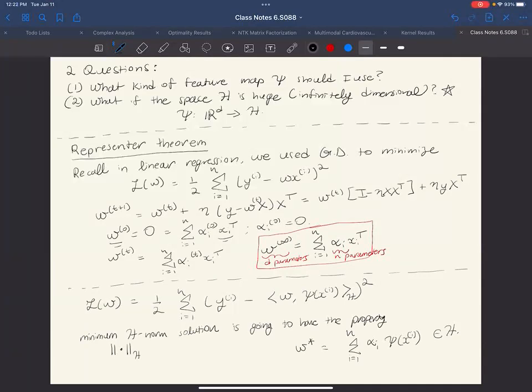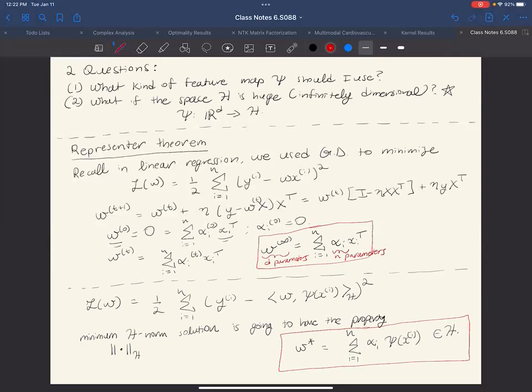So I'm assuming this is some element of the space H. While I've written down the proof of this in the notes, I don't want to go through it because it's a little bit technical, and I just want to give the intuition in the lecture as to where this is coming from. For those interested more in the math and the rigor, I encourage you to check out the lecture notes and go through the proof. The proof is not so different from what we've done above.